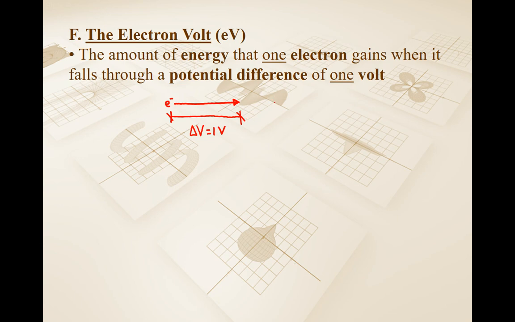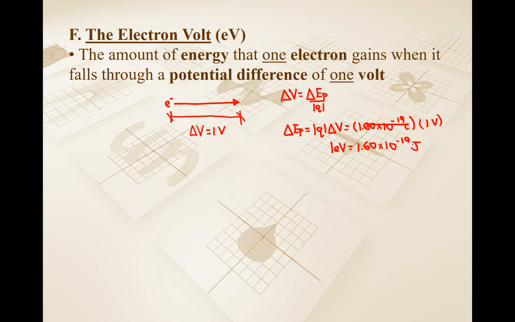So if we calculated that, we know our equation for potential difference is delta V equals delta EP over Q. And if we calculated delta EP, it would be Q times delta V. The magnitude of charge of an electron is 1.60 times 10 to the negative 19 coulombs, multiplied by 1 volt, which tells me that 1 electron volt would be equal to 1.60 times 10 to the negative 19 joules.